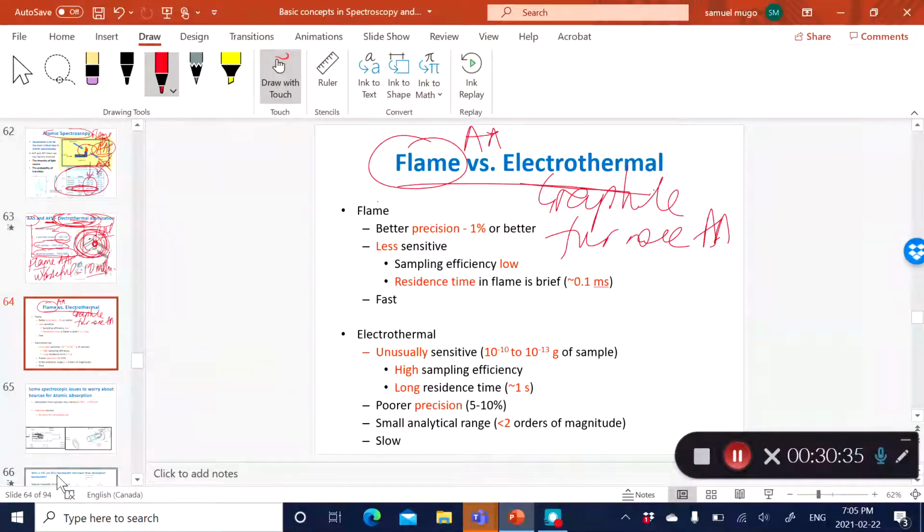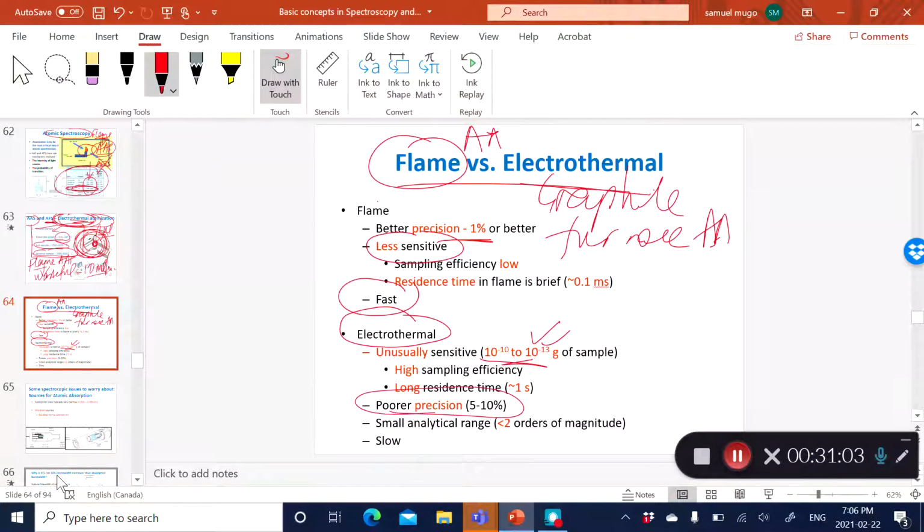With the flame, the precision is very good, and it tends to be fairly fast as well, but it's got fairly low sensitivity, so the limits of detection are not very good. On the other hand, with the electrothermal type of vaporization, you can use very small amounts of sample, which is a very good thing. It is fairly sensitive compared to the flame.